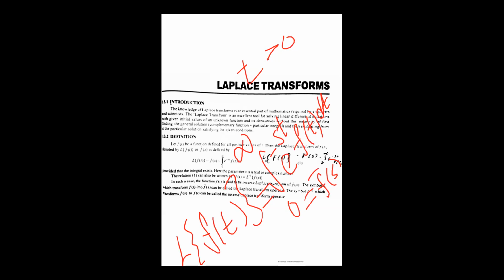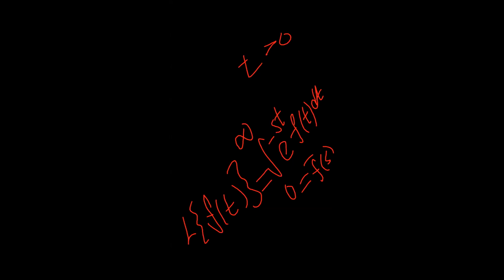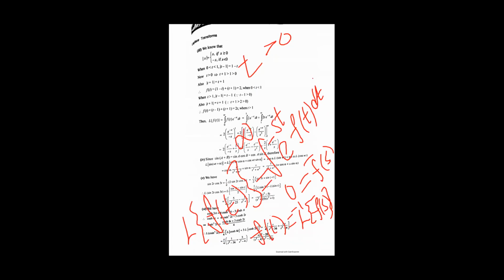We can write this in another form by taking L inverse on both sides. So f of t equal to L inverse of f bar of s. Okay, this is the definition of Laplace transform.